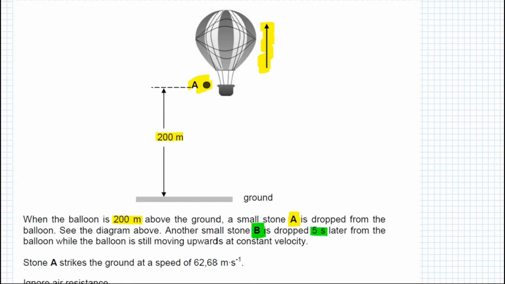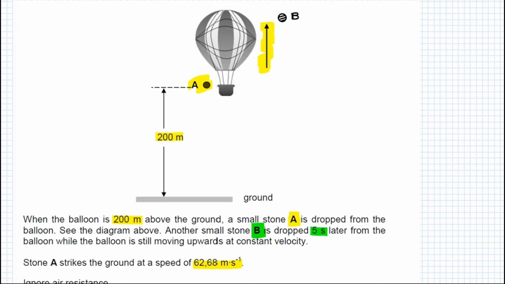So we know that the second stone, stone B, is probably going to be dropped when the balloon is higher up in the sky. And therefore, I'm going to draw B over here, when the hot air balloon is a bit higher. They then say stone A strikes the ground with the speed of 62.68 meters per second.